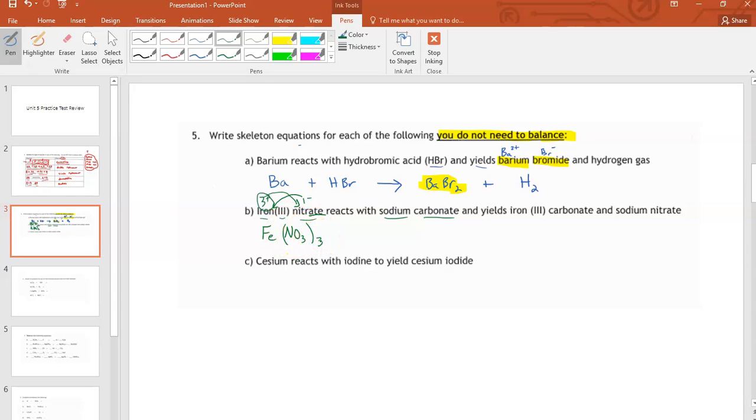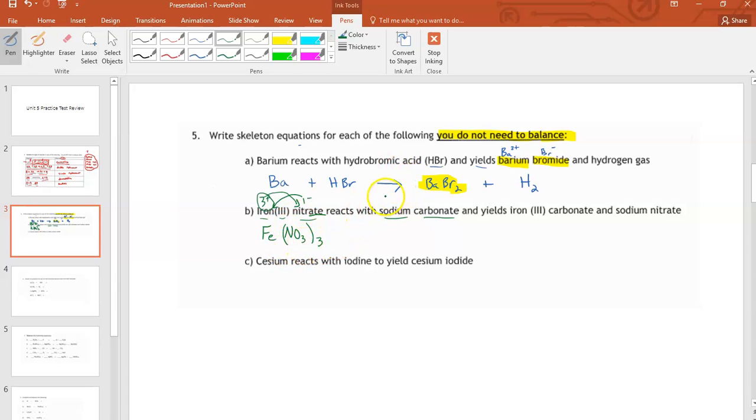Now, I just reviewed how to write formulas with polyatomic ions. So again, if this is confusing for you, if you're not sure what I just did there, go back and watch the video on the slide that this was linked on. It says ionic compounds or ionic formulas with polyatomic ions. Go watch that. That's how this process works.